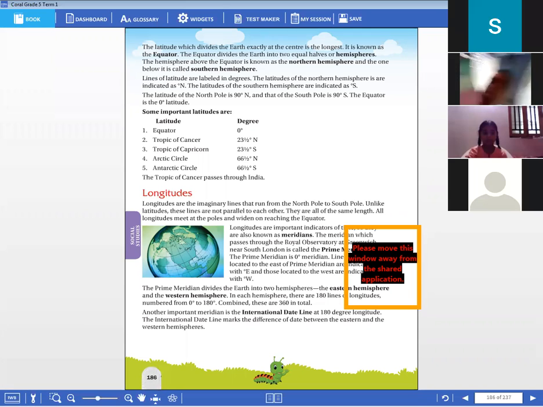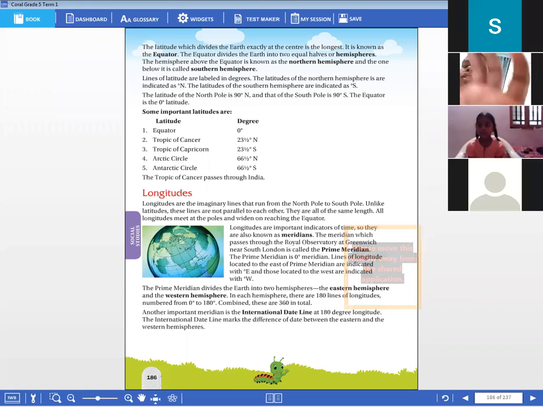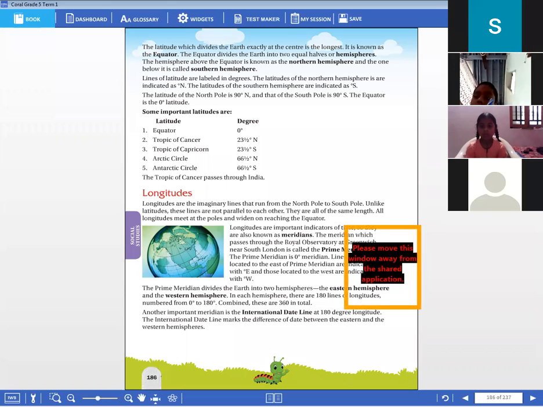Coming to the aspect of sizes, children, we came to know that latitudes are different in sizes or lengths, but coming to longitudes, all are the same.